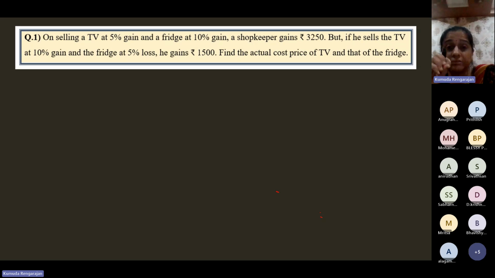Only the gain portion. 3,250 is not the cost price, is not the selling price, it is the profit. But if he sells the TV at 10% gain and the fridge at 5% loss, the profit margin is 1,500. Find the actual cost of the TV and that of the fridge.